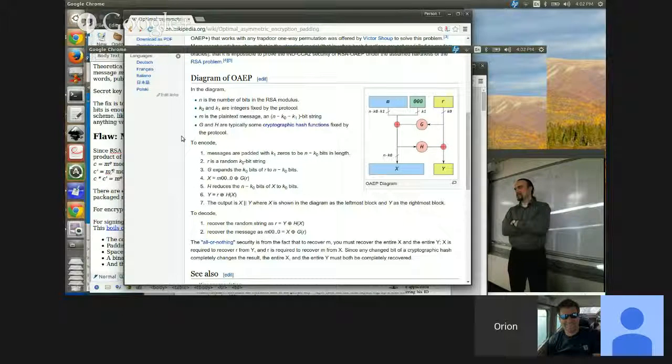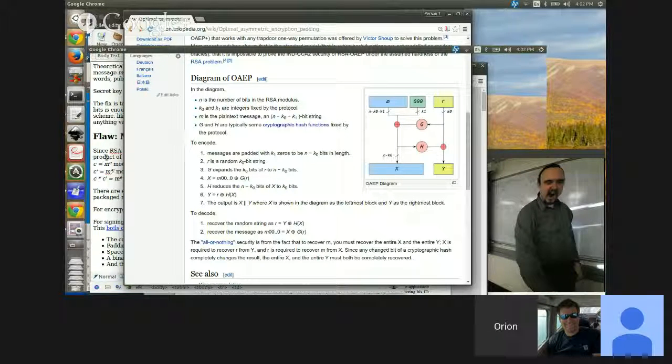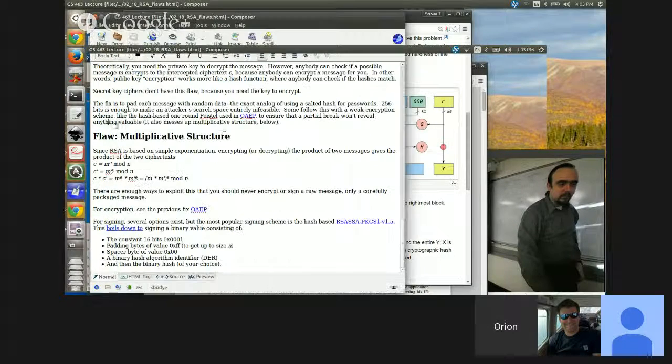This was not the official sender. So yeah, bit padding, super important. Bit padding actually saves against multiplicative attacks and message enumeration. Okay, right.